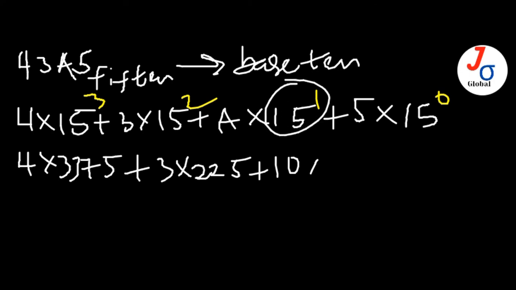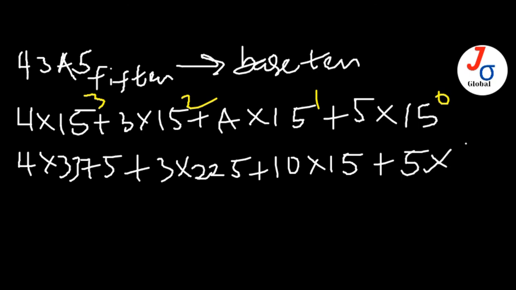Then 15 to the power of 1 is 15, times 10, plus 5 times 15 to the power of 0, which is 1.